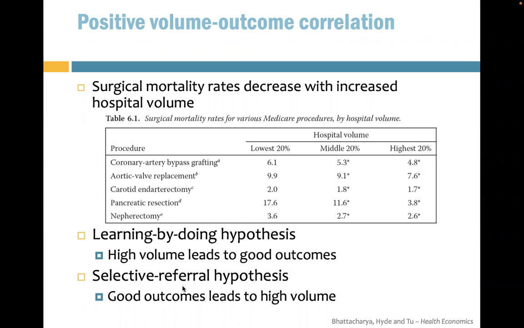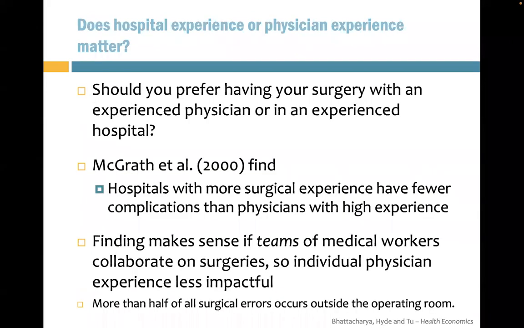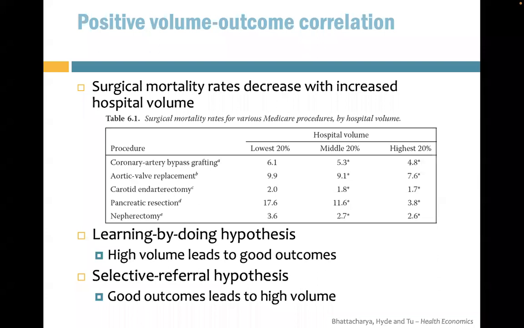You can also explain this correlation in the opposite way. So you can think of it as a selective referral hypothesis, which is that better outcomes lead to higher volume because people select themselves into better hospitals. Okay. All right. So I would think of this as another perfect example of correlation doesn't mean causation.